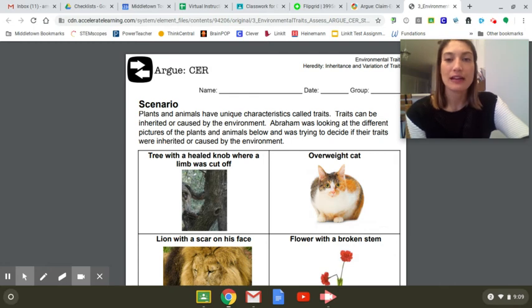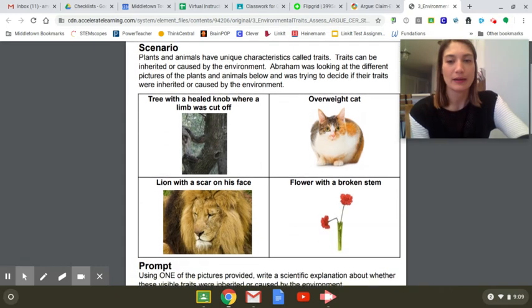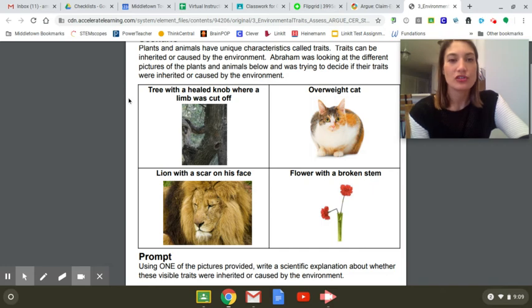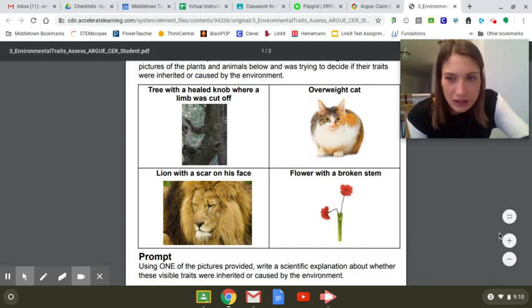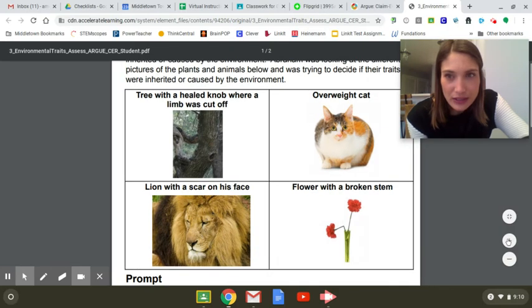It says Abraham was looking at the different pictures of the plants and animals below and was trying to decide if their traits were inherited or caused by the environment. So we have a tree with a healed knob where a limb was cut off. Zoom in a little bit so you guys can see.